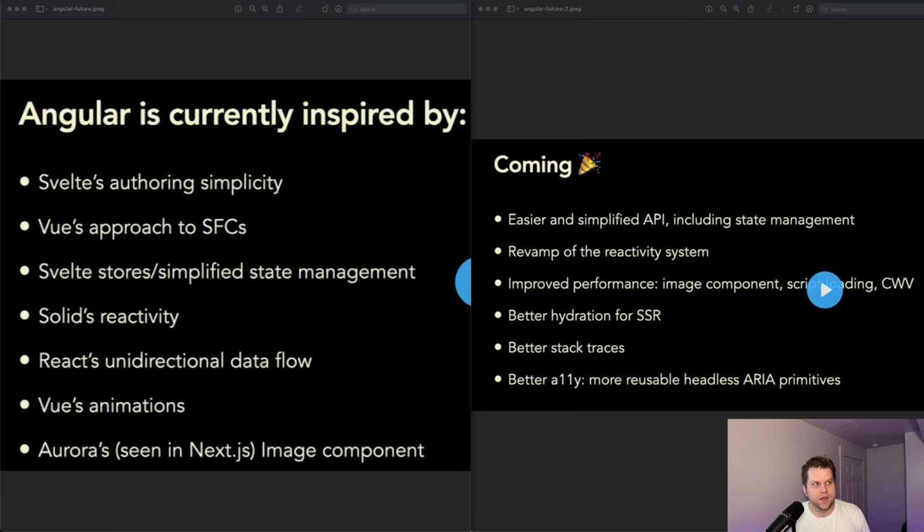So I really hope they don't take this too seriously. I really hope they change their mind or something, because Svelte stores are simpler. The simplicity of Svelte stores is the same simplicity as RxJS behavior subjects, and then nothing else from RxJS.